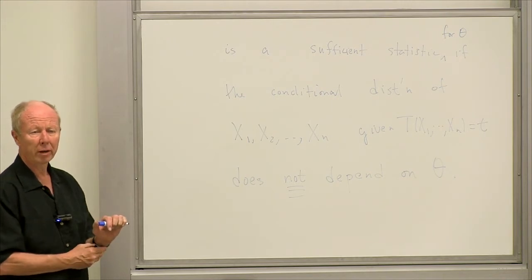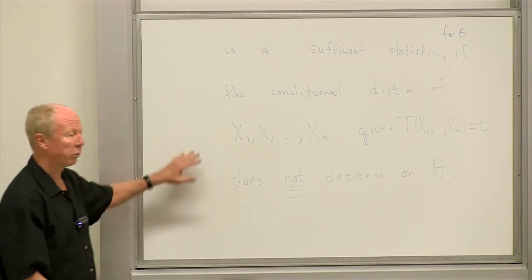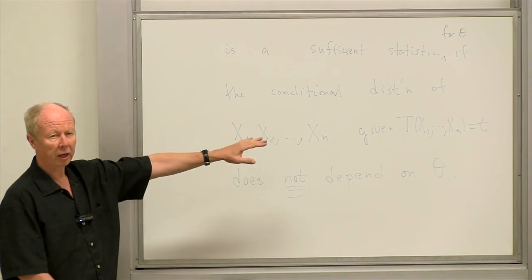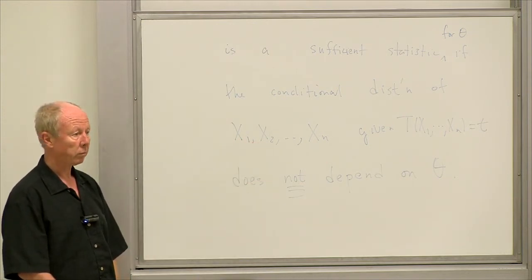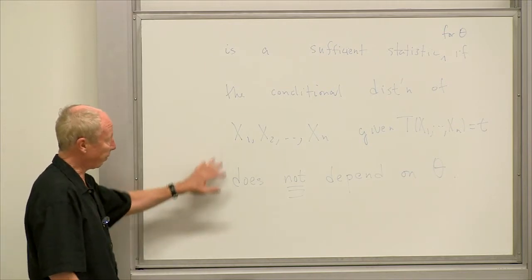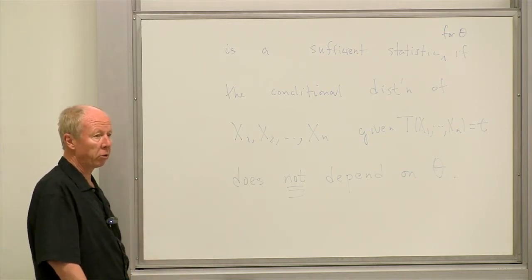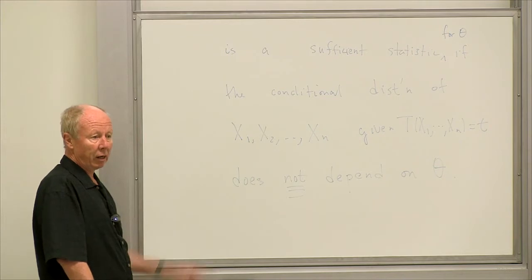So there's no more information to be gotten from the probability distribution of these random variables once you've conditioned on the value of capital T. There's no more information left in the data, more or less, about the parameter, once you know the value capital T.